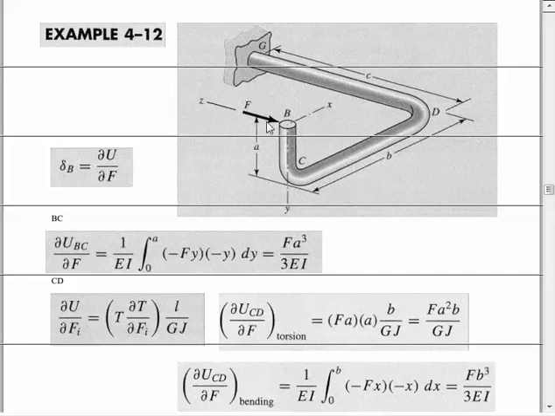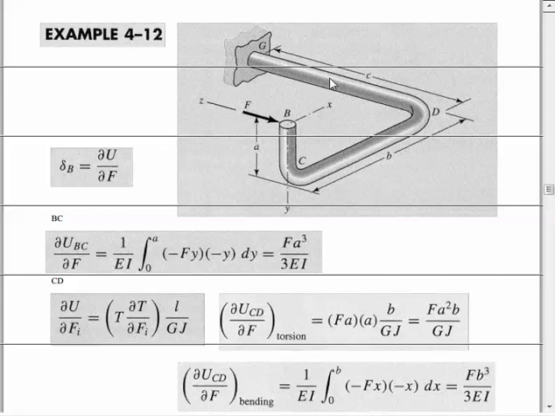Quick reminder, this force causes one direction of bending in this segment. This force causes outward bending of this section in the direction of F, but it also causes a twist or a torsion in this section. This load causes a downward bending of this member, and an outward bending of this member.